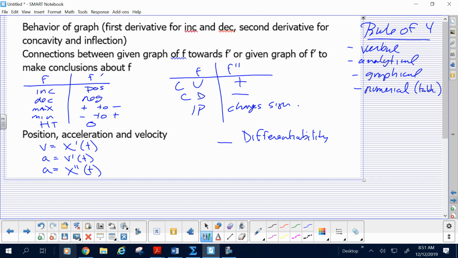Okay, differentiability. There are 3 reasons a derivative doesn't exist. What are they? Sharp turn. What else? Any kind of discontinuity.